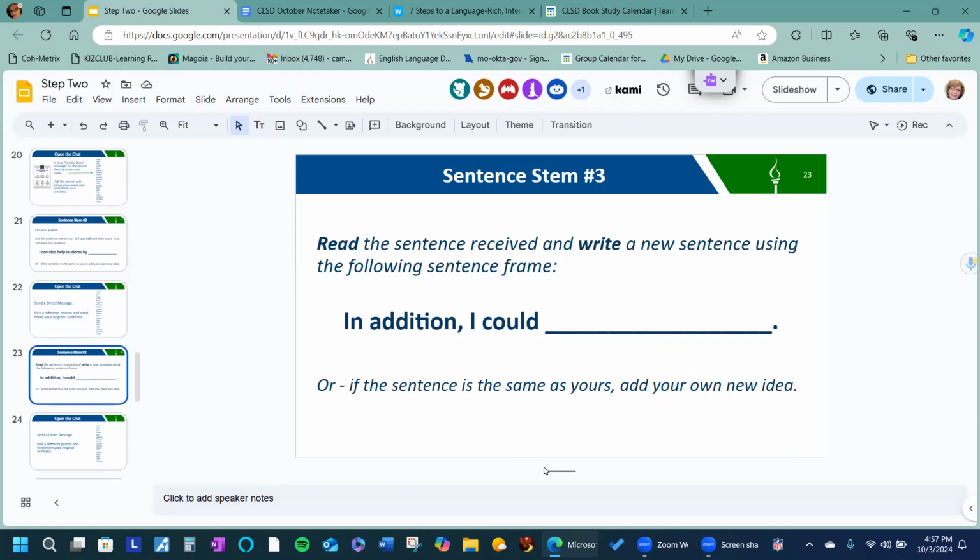Or if the sentence is the very same as yours, you can create a new idea to finish this one. So we give the students that option as well. So if this person shares a sentence with you that's exactly like yours, you have the option of creating a new idea and recording it to finish this sentence.